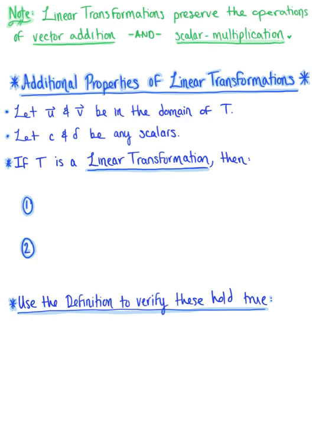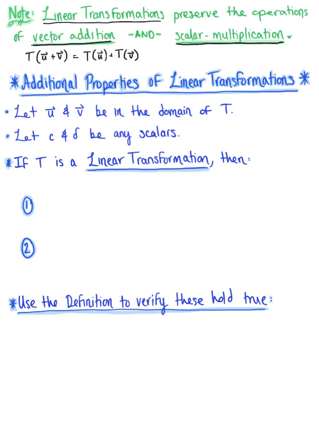If we think back to the definition of a linear transformation that we just were introduced to and just verified, we observe that a linear transformation preserves the operation of vector addition, and we saw that by the image of vector u plus vector v under the action of T being equal to the sum of those two images under the action of T. We also saw that linear transformations preserve the operation of scalar multiplication.